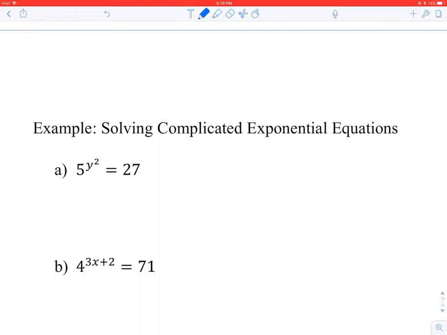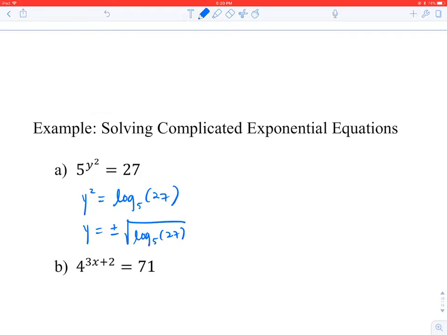Okay. More complicated exponential equations. So 27 cannot be rewritten as 5 raised to some power. So we're going to take the log base 5 of each side of the equation, where we'll end up with y squared equals log base 5 of 27, and y is plus or minus the square root of log base 5 of 27.